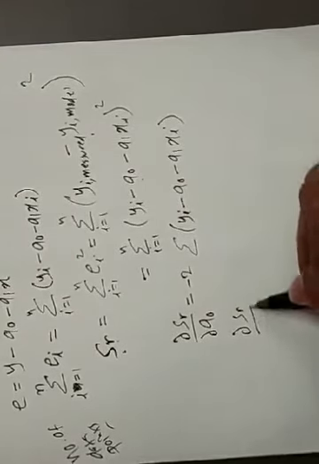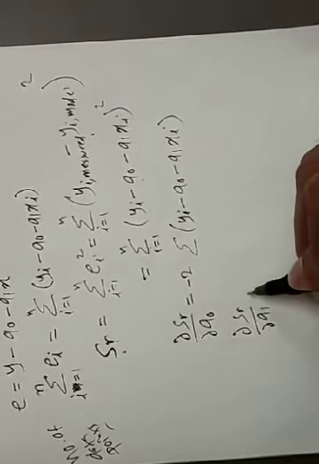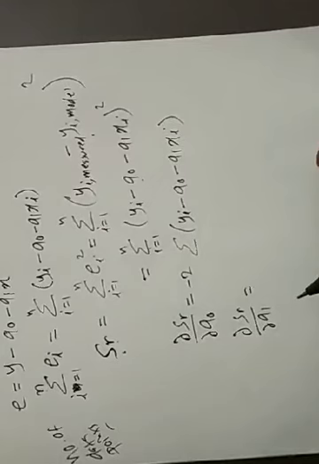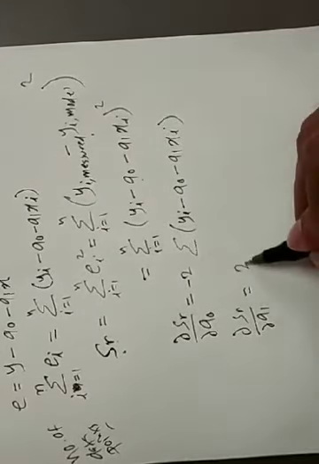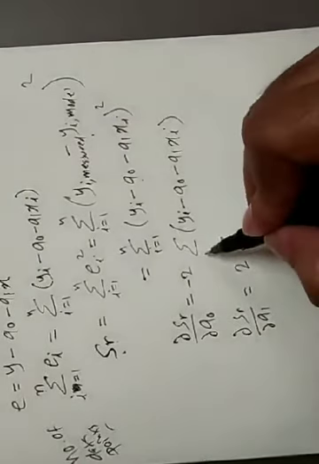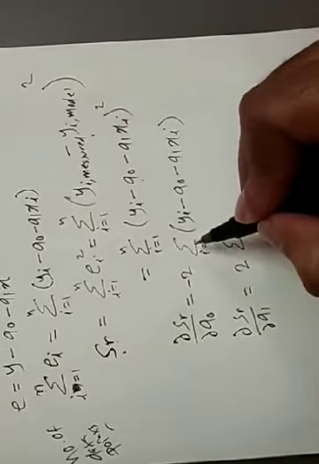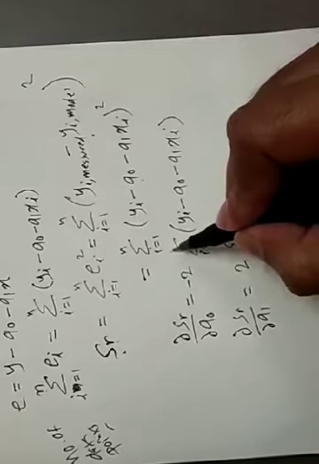Next, the derivative of SR with respect to a1 is equal to, again, 2 times the summation. The summation sign is always i equal to 1 to n.